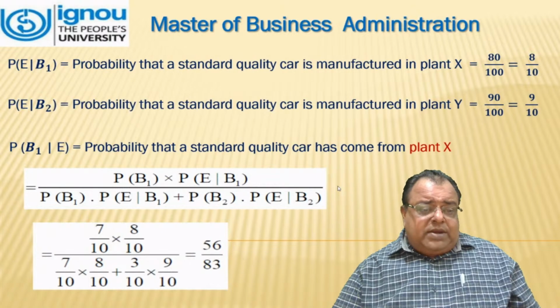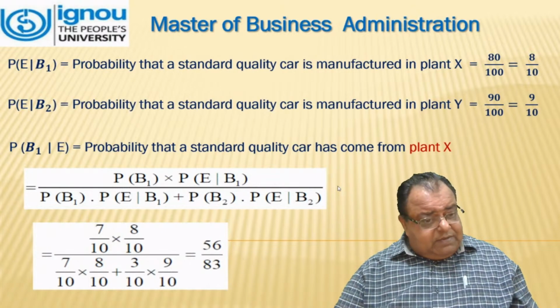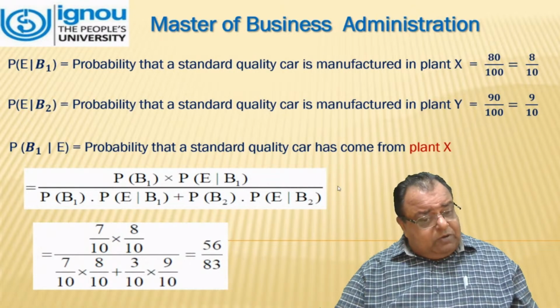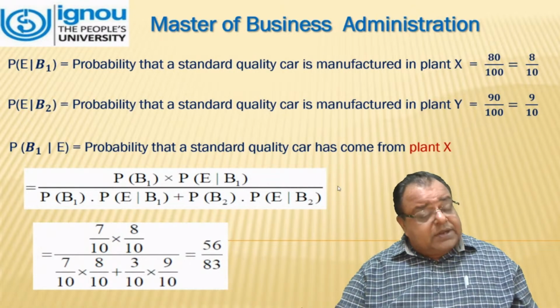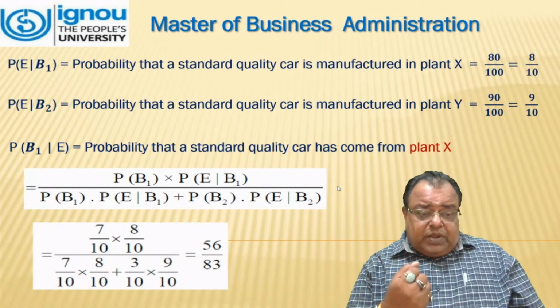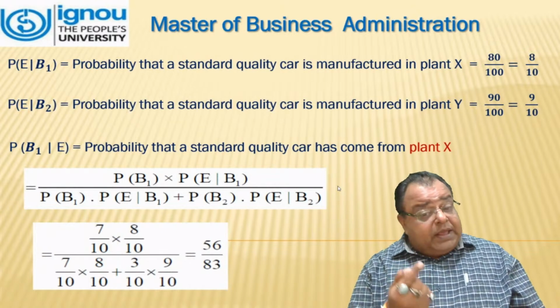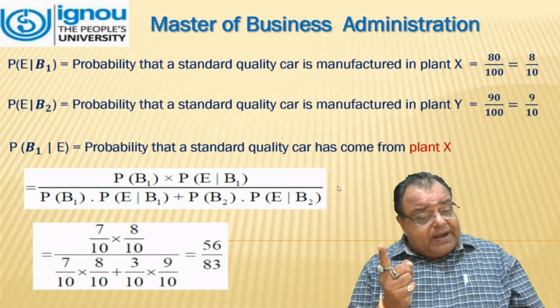We have to calculate P(B1|E), which is equal to P(B1) into P(E|B1) upon the summation of P(B1) into P(E|B1) plus P(B2) into P(E|B2). Now, we have P(B1) as 7 by 10, P(E|B1) as 8 by 10.